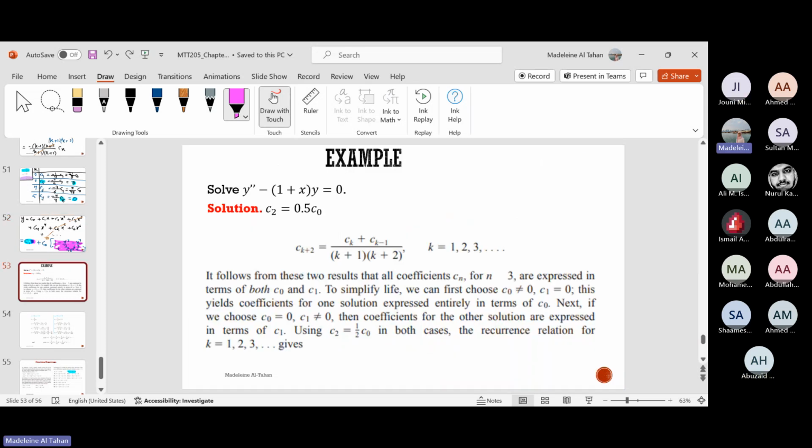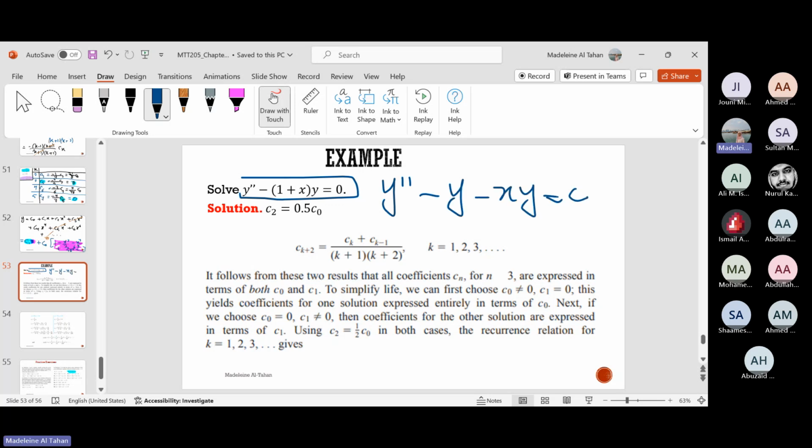Now, this one, we will do the same for it. Remember, miss, this one, we will write it y double prime minus y minus xy. So here we will get 3 series. We will substitute. I will start with the recurrence relation in this way, miss. What's the difference between this recurrence relation and the previous question? The previous one, it was, miss, Ck plus 2 equals Ck into something, right?